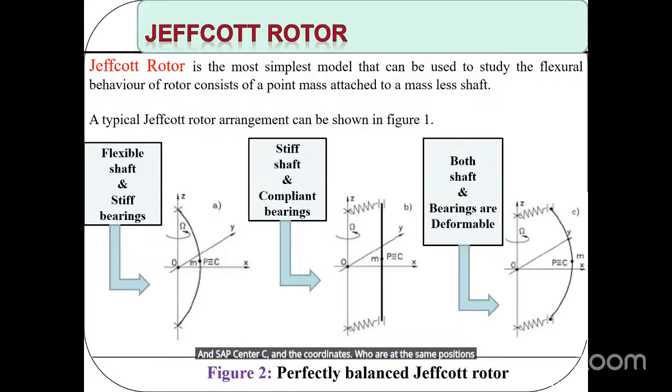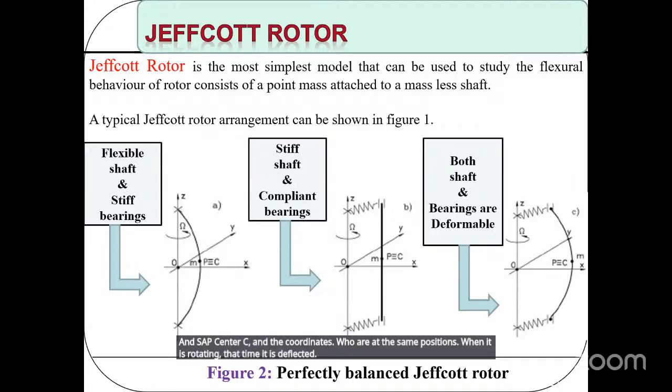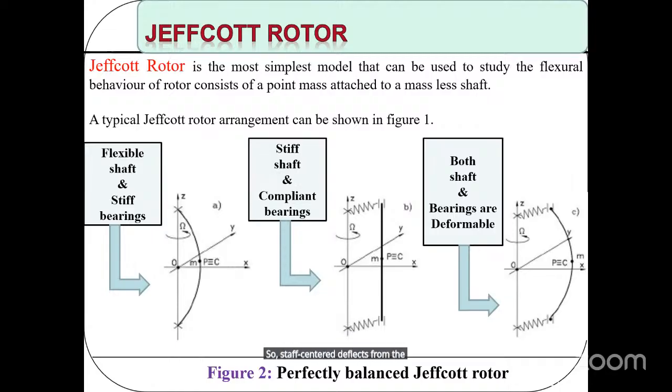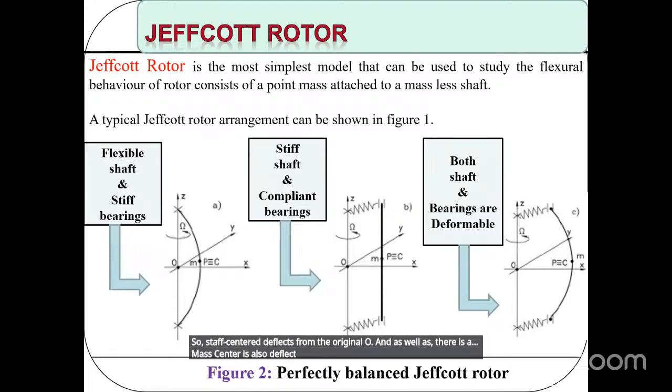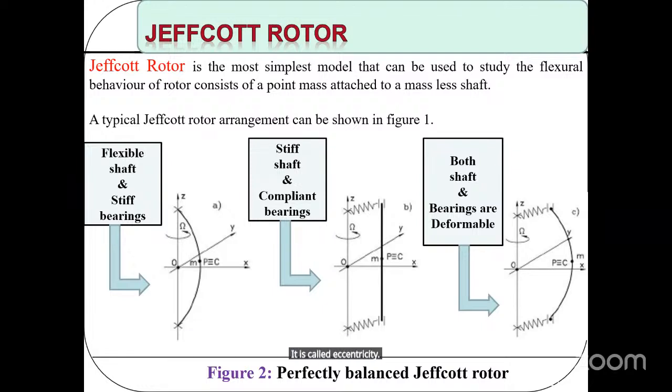When it is rotating, it is deflected. So the shaft center deflects from the origin O, and the mass center is also deflected. The distance between the shaft center and the mass center is called eccentricity. If the rotor is completely balanced, the eccentricity becomes 0.